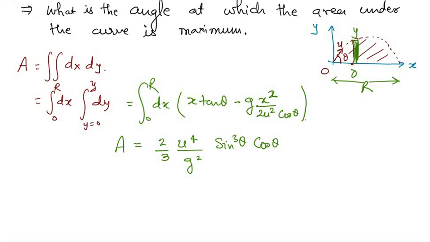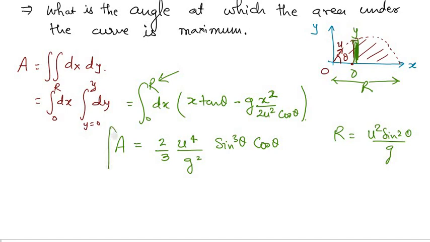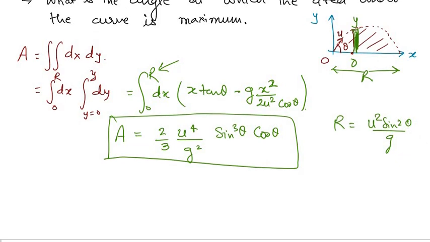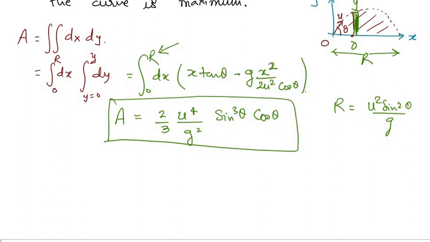How would you get that? You just integrate with respect to x, with the limit on this range r, and put r equal to u square sine 2 theta upon g. I'm sure you will get the area if you do the calculations, because I'm not doing it all here. So this is the general area under the curve that depends upon this angle theta.